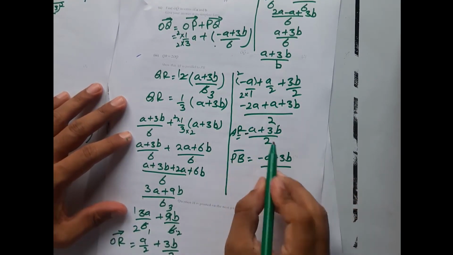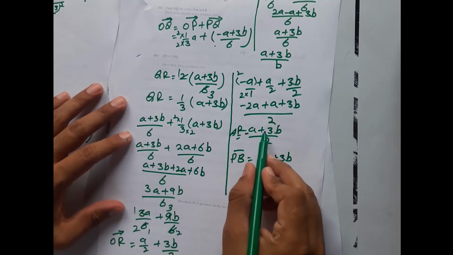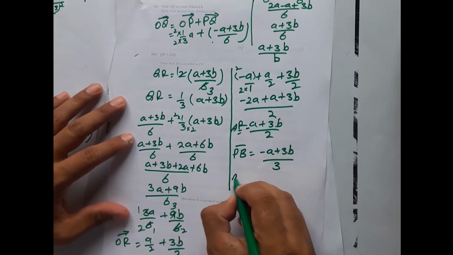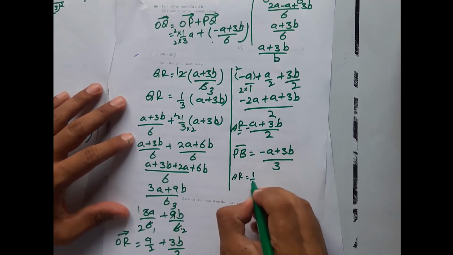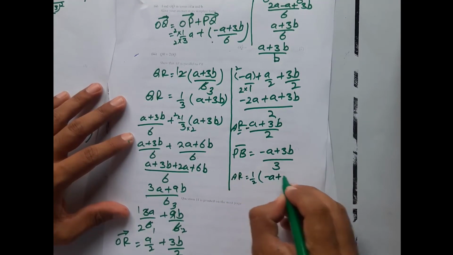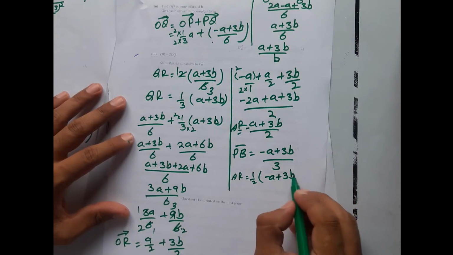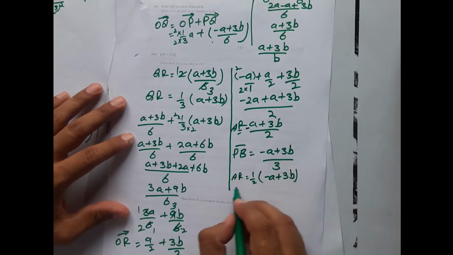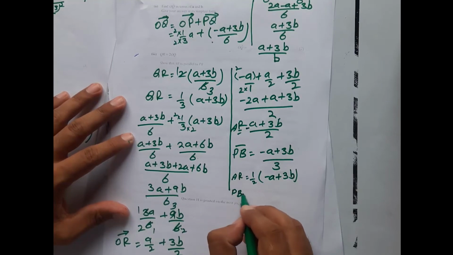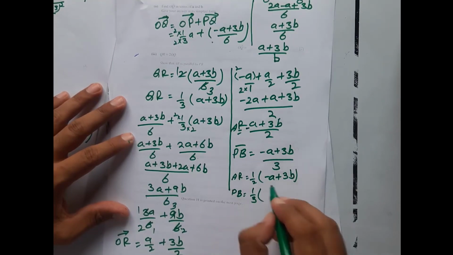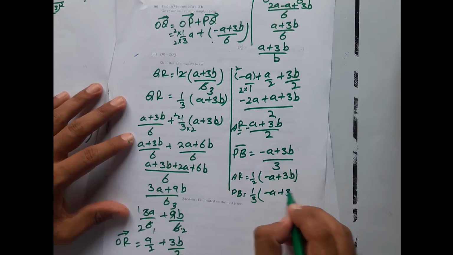Now we can take 1 over 2 as a common factor here, so AR will become 1 over 2 into negative a plus 3b. If we take 1 over 3 common, PB will become 1 over 3 into minus a plus 3b.